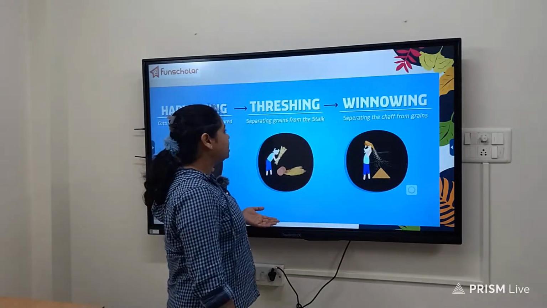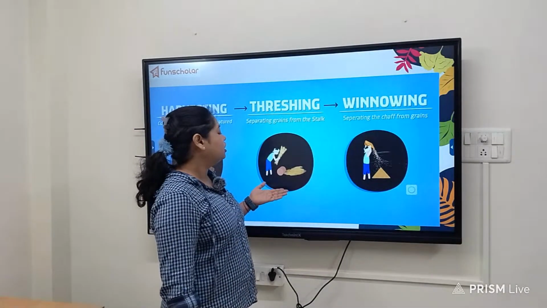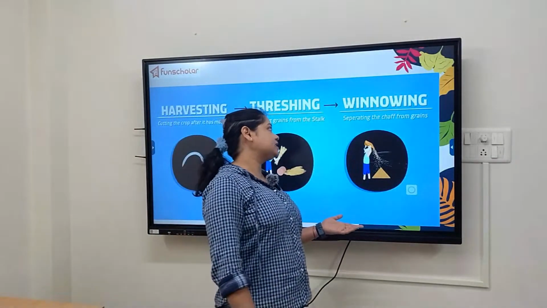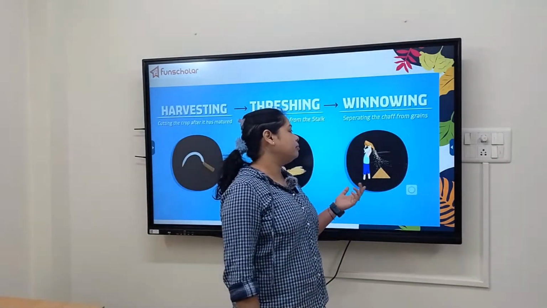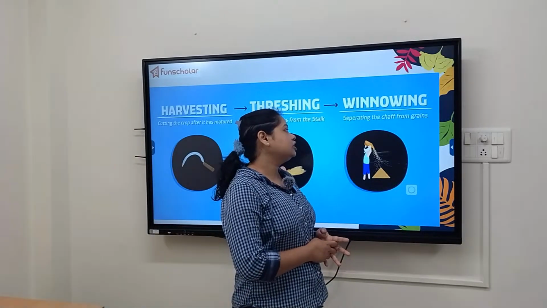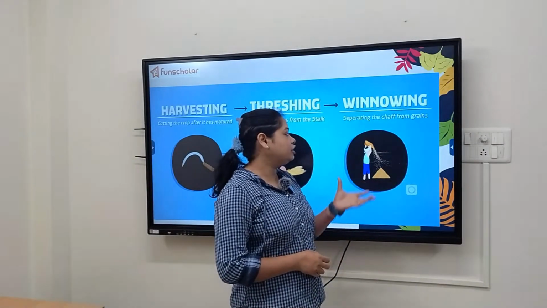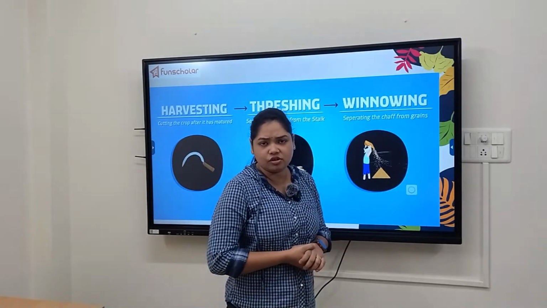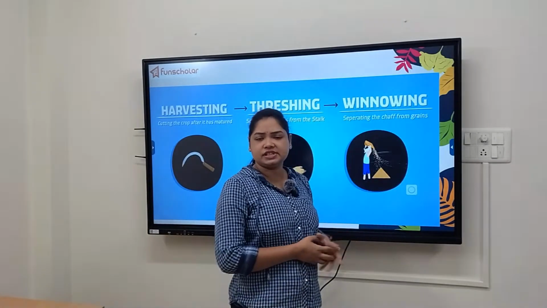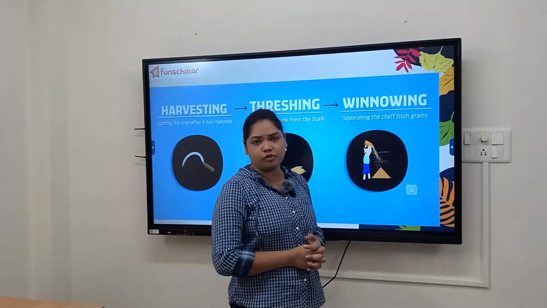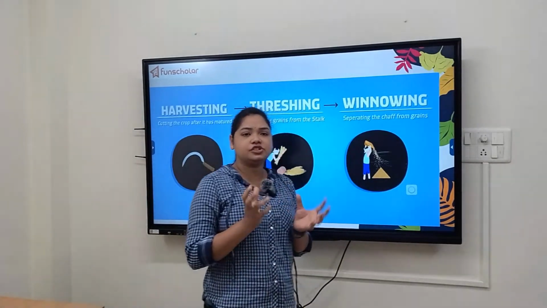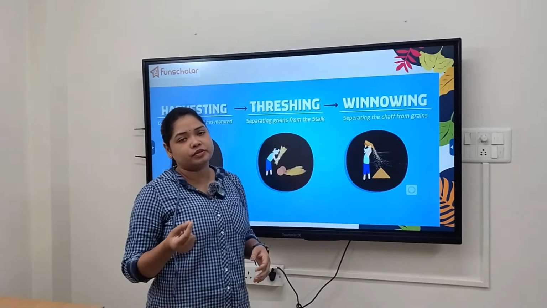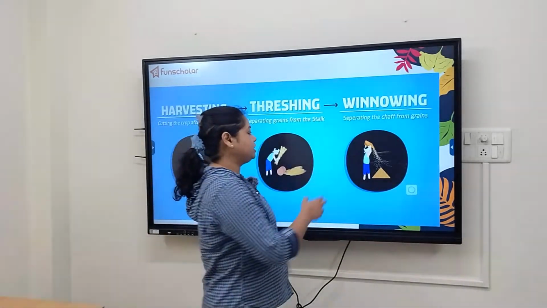In the next stage, it is threshed and the grains are separated from the stalk, and in the last stage, it is separated from the chaff with the help of winnowing, or nowadays there are other machines which help in this process as well. In the winnowing process, the outer chaff is removed from the grains and only the grains of the crops are obtained.